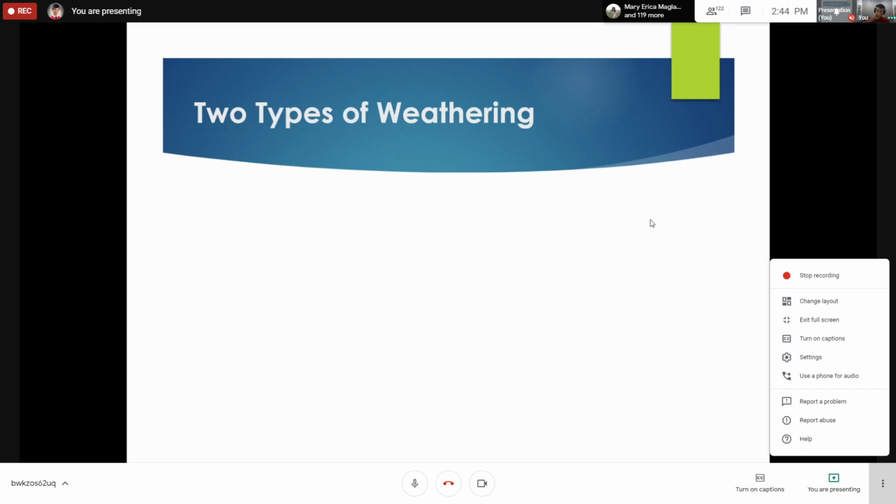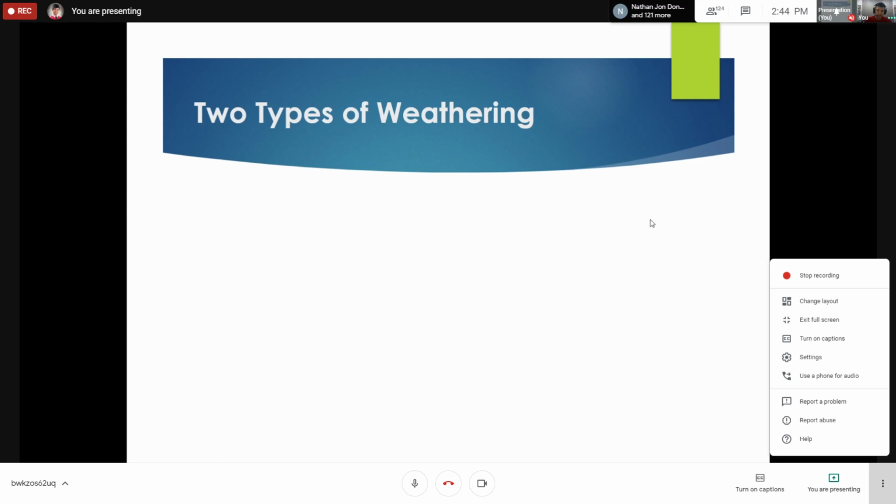Usually the question I ask students is, where does soil come from? From your geology, what we discussed is all about rock formation, right? You have three types of rocks: igneous, sedimentary, and metamorphic rocks. Now, soil is created by two types of weathering.